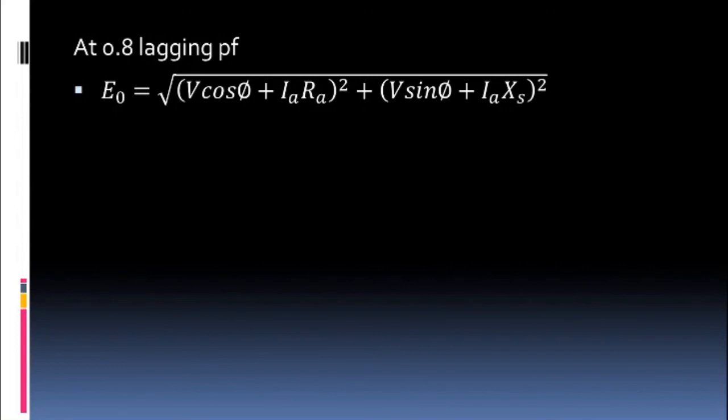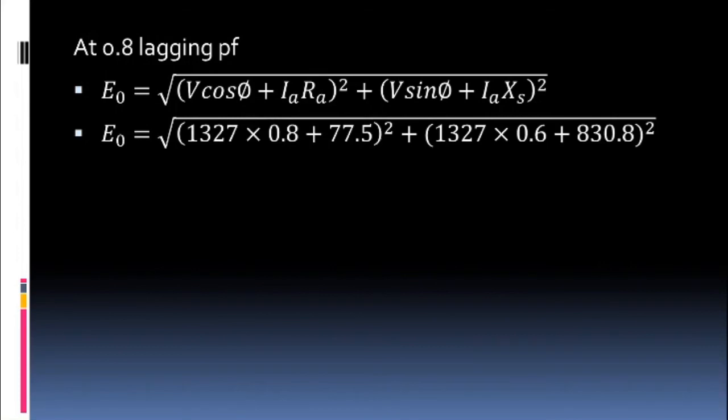So once you do all these things, then we will consider the EMF induced equation for lagging power factor, which is E naught is equals to root of V cos phi plus IARA square plus V sin phi plus IAXS the whole square, and substitute all the values to get the EMF induced. Come on, do it. 1986 volts or 1987, whatever you are getting, or 1986.97 volts, whatever value you are getting, just write it down.